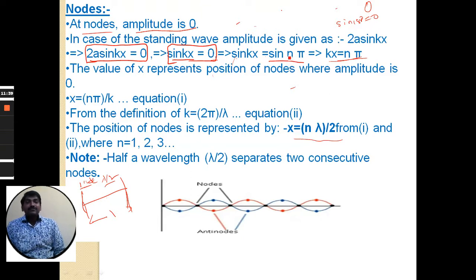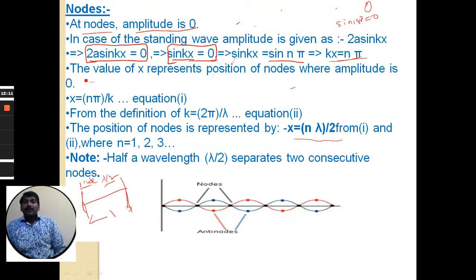N times means the number of cycles which are repeating, right? So I have used sin n pi. Now on either side I have cancelled the sine term. Now I have kx equal to n times pi, where k is the wave number, x is the displacement of the wave, n is the number of cycles, and pi is the angle in terms of 180 degrees or pi radians.